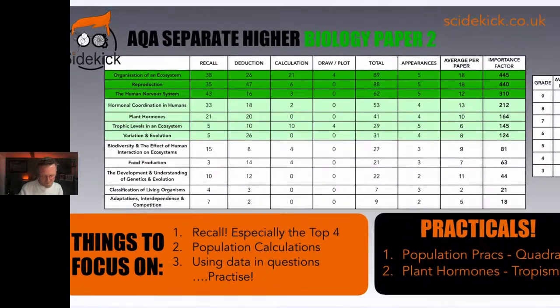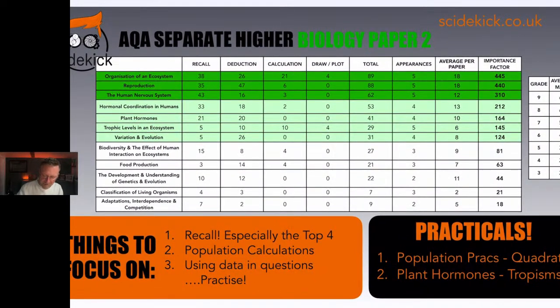Biology paper 2, okay. So you can see here, we've got 3 topics that are head and shoulders above the rest in terms of their importance, and that is organization of an ecosystem, reproduction, and the human nervous system, none of which are related, but they are related to things down here, okay? So organization of an ecosystem, trophic levels in ecosystem, you can probably rely on those questions being mixed together, but obviously one is more important than the other.